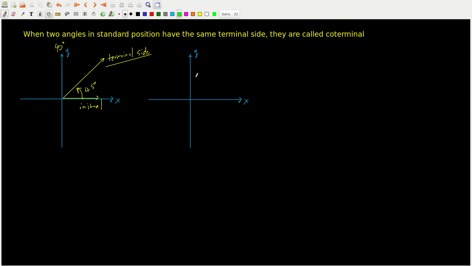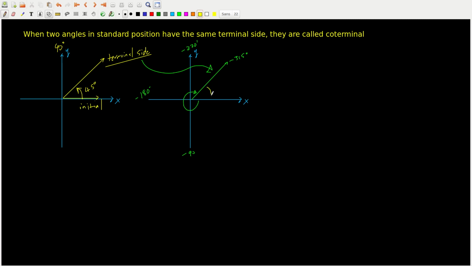You could equally well imagine that I start here and do a rotation to essentially the same point, but going in the other direction, so we can think of it as going -90, -180, -270 degrees, and then we're going 45 degrees further in the opposite direction, so that's -315 degrees. And so this terminal side here, there's a terminal side, and they're both the same.